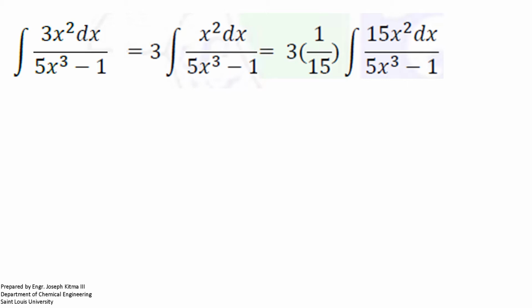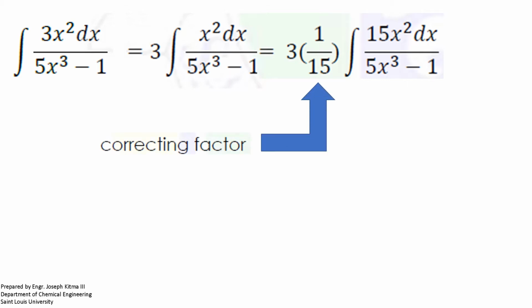But to do that, so that we will not change the value of the whole integrand, we have to introduce a correcting factor before the integral sign, which is the reciprocal of 15. So that will be 1 over 15. But of course, do not forget to still consider the 3, which we had placed before the integral sign.